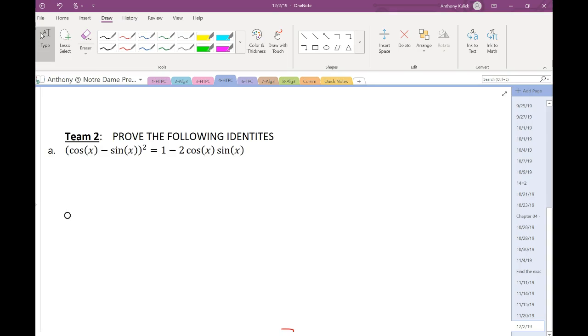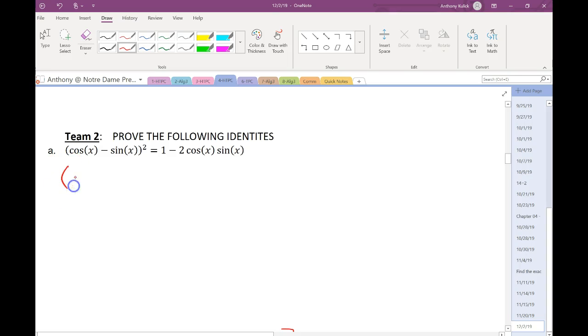Just tell me, okay? Maya, you said you wanted to look at 2A. Which side did you work on? The left side. Great. What did you do first? It's already in a factored form. Do you mean FOIL? Yeah.